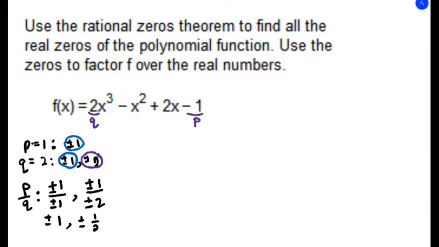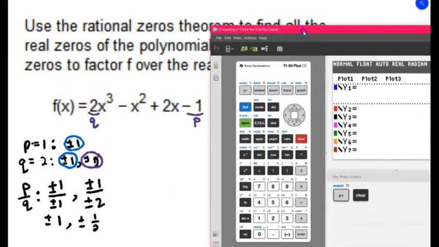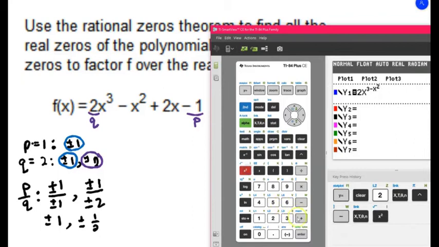So I've got my graphing calculator here. We're going to use it to help us work out this math. And in the y equals menu, I'm going to type our function 2x cubed minus x squared plus 2x minus 1.